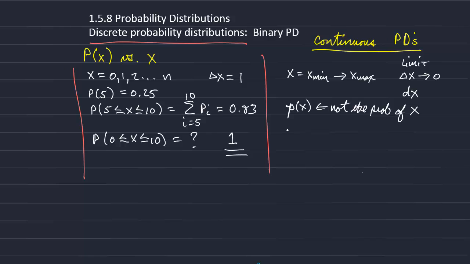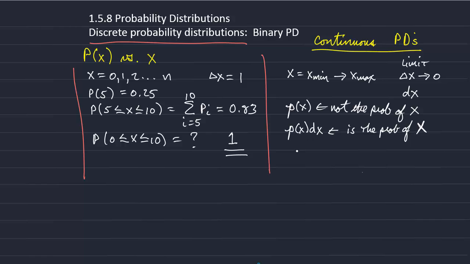We would write the probability of x as little p x times dx. So this is the probability of x. If we had a continuous probability distribution, what is the probability of getting a precise value of x?